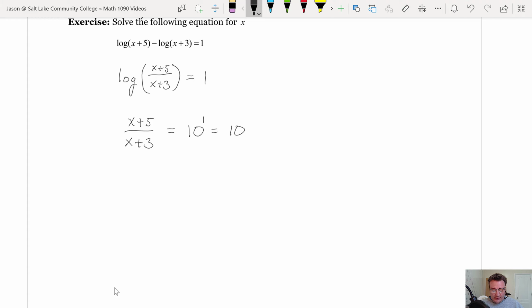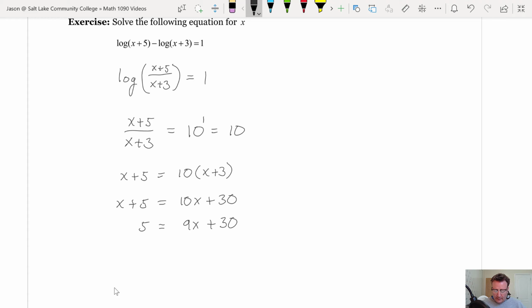I can solve this by what? By multiplying both sides by x plus 3. So I get x plus 5 equals 10 times x plus 3 in parentheses. So x plus 5 equals 10x plus 30. Let's see, if I subtract x from both sides, I get 5 equals 9x plus 30.